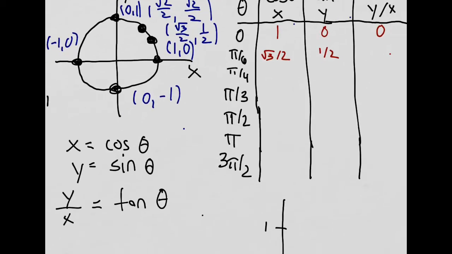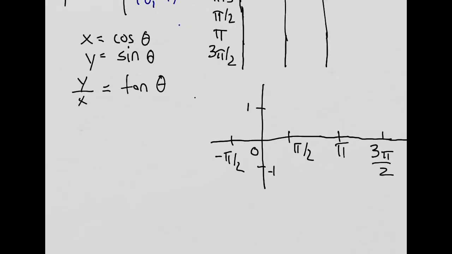A little bit of math required here. So if you want to simplify this, I'll just do it down here. So 1/2 divided by square root of 3 over 2. It's a complex fraction. That's the same thing as 1/2 times the reciprocal, 2 over the square root of 3.